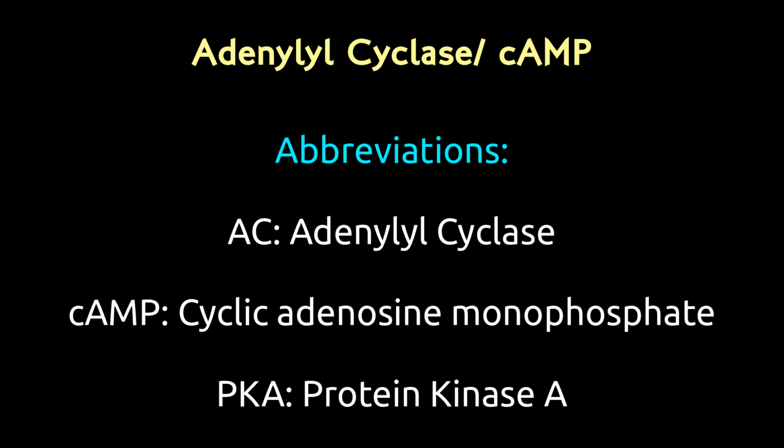Just as an aside, I'm going to talk about protein kinase A as if it is one individual enzyme, but really protein kinase A is a family of enzymes. So just keep that in mind.